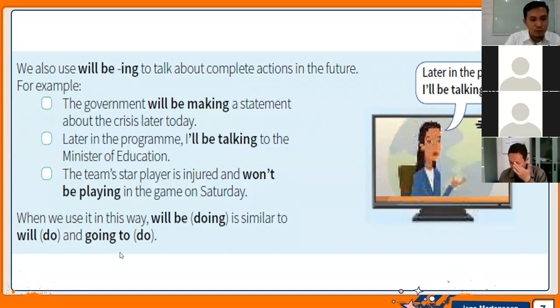A simple future can be expressed using will plus verb one, and also you can use to be going to do. Be going to also expresses the future.